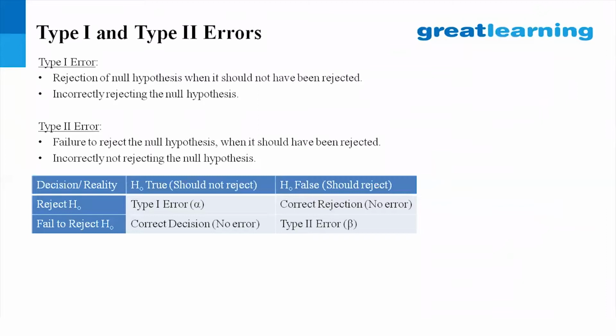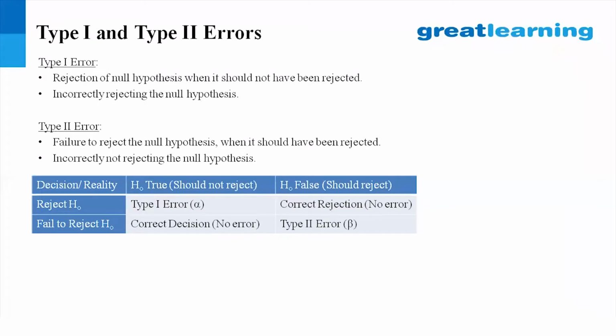In a second case, you should have rejected it, but after doing the hypothesis testing you fail to reject it, so this is when you commit a type 2 error and it is represented by beta. In the other two cases, that's a correct decision, but otherwise you commit a type 1 or a type 2 error.